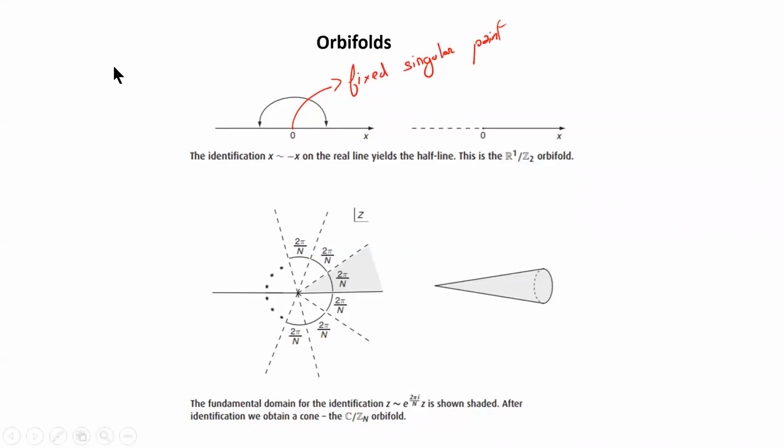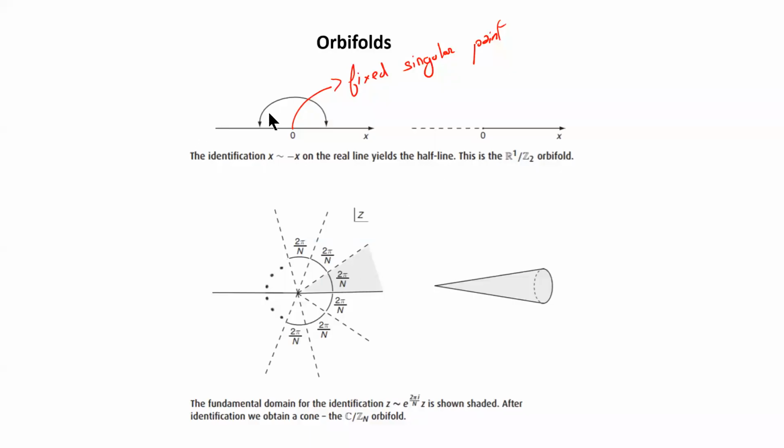If x goes to minus x, then the real line becomes the half line. This is called R1 slash Z2, where R1 is the real line, and this identification is denoted by the symbol Z2.